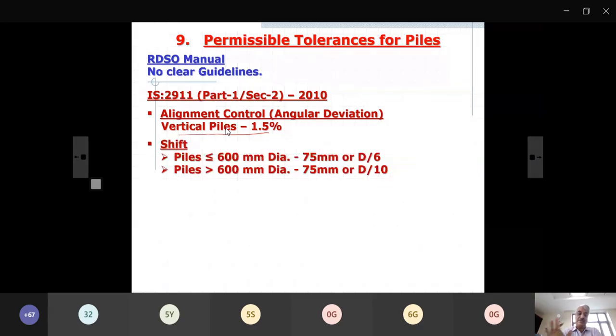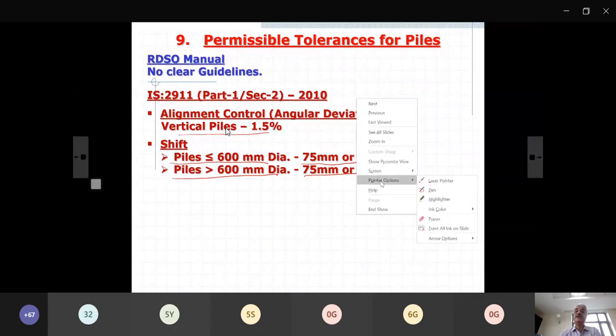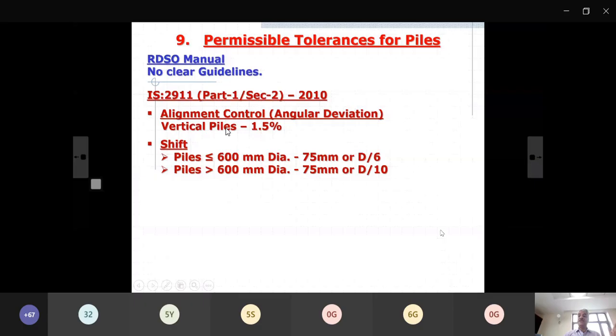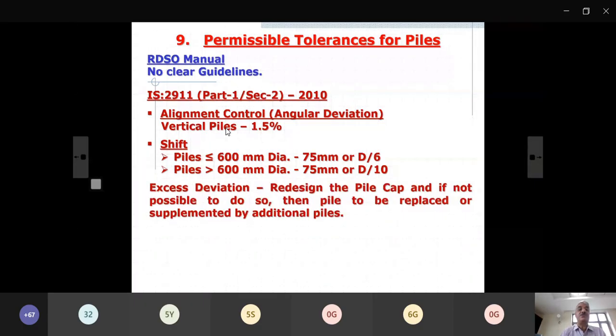And shift, where the pile remains vertical but shifts: for piles less than 600 mm dia, 75 mm or D by 6 is the shift permitted, and for piles more than 600 mm dia, 75 mm or D by 10, whichever is less. So these are the shift and tilt permitted as per IS code.